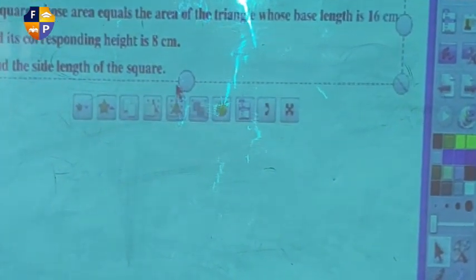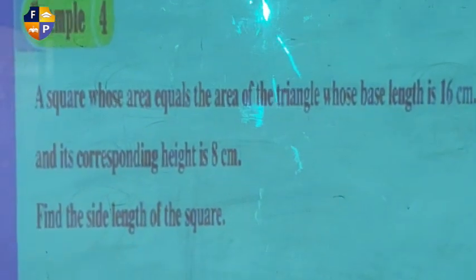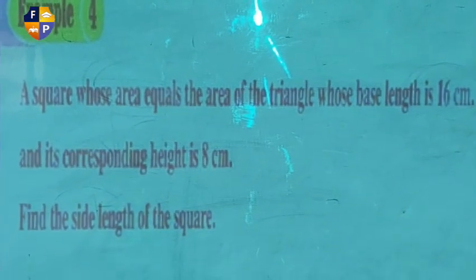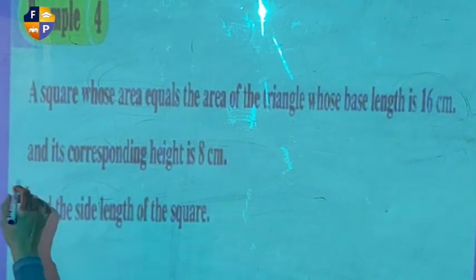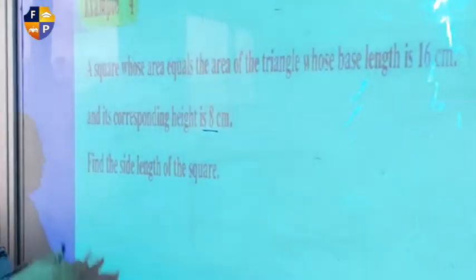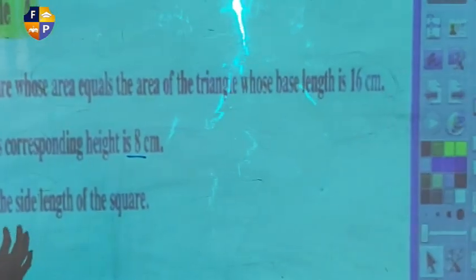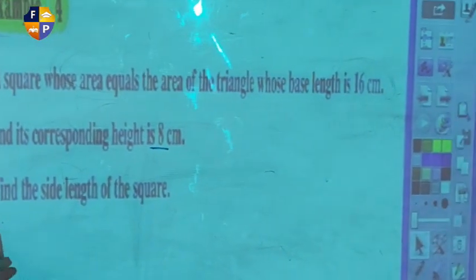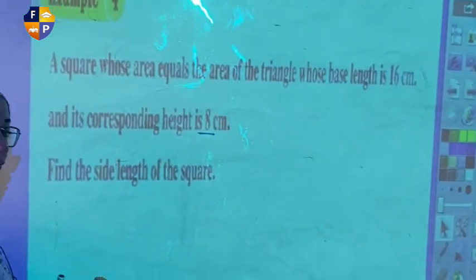Look at this. A square whose area equals the area of a triangle whose base length is 16 and corresponding height equals 8. Area of a square equals area of a triangle. Okay, we have to get the area of the triangle at first. Do you remember the rule of the area of a triangle?